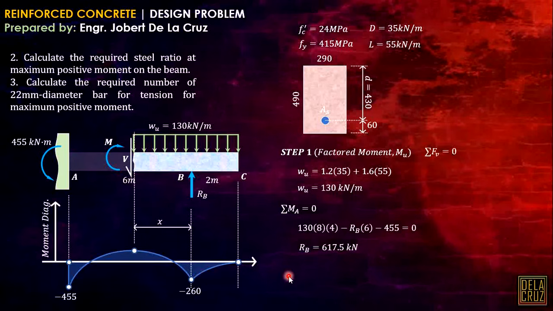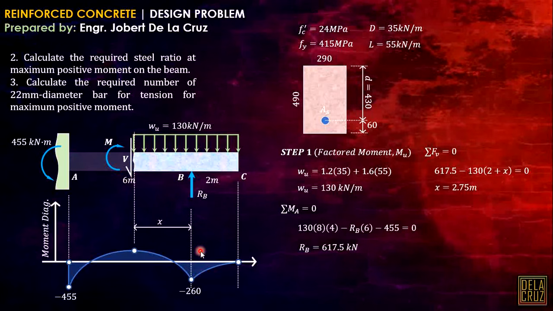To calculate the value of x, just simply take summation of vertical forces looking at this section. That will be RB minus 130 times the distance 2 plus x, and shear V must be 0. So we have this one, 2.75. Now, after we got this value of x, I can take this moment by just equating the moments here.